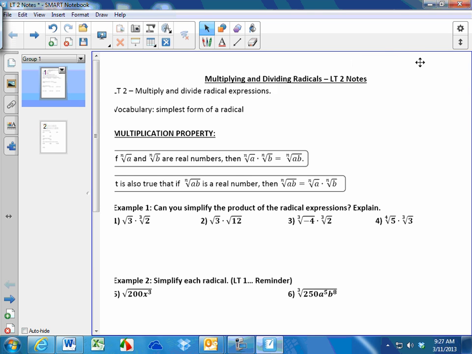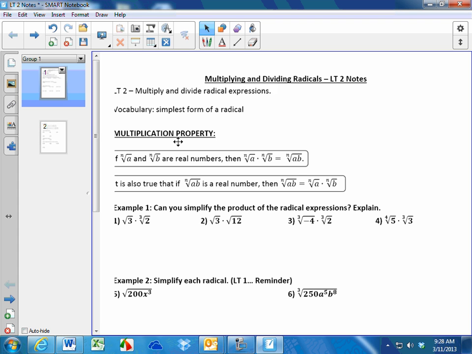Okay, we'll go ahead and get started with Learning Target 2. We're going to multiply and divide radical expressions today, much like we did with the fractions in our past unit. Just like our previous unit, we'll expand on this as we go, but for now, you want to have only one square root or only one cube root in your answer.